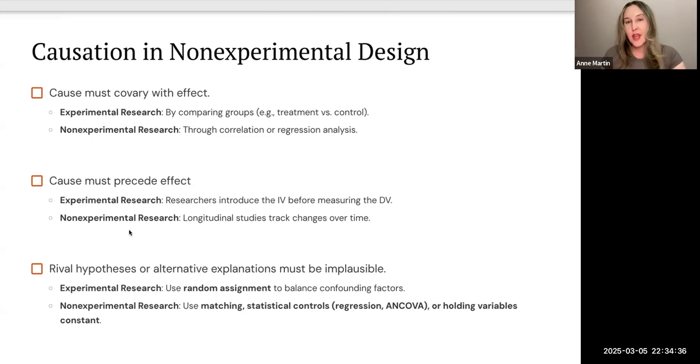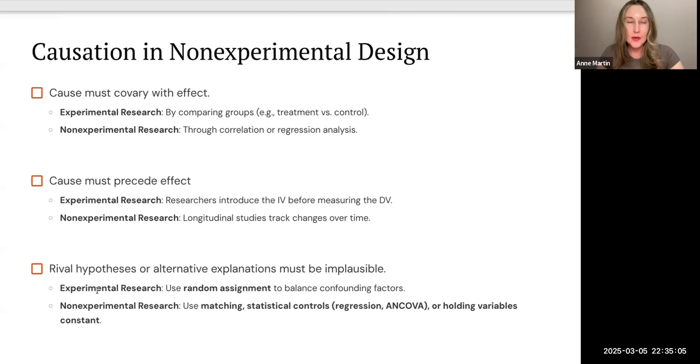and that can establish and collect more evidence to show that that cause is preceding the effect. And then lastly, and we talked about this in experimental and quasi-experimental design as well, there cannot be any rival hypotheses or alternative explanations; they have to be implausible. So in experimental research, you can use random assignment to the groups to try to balance for confounding factors, and some of the other methods that we talked about as well.